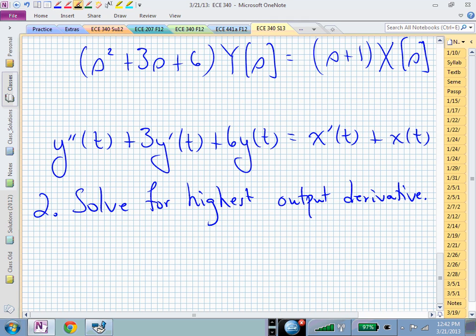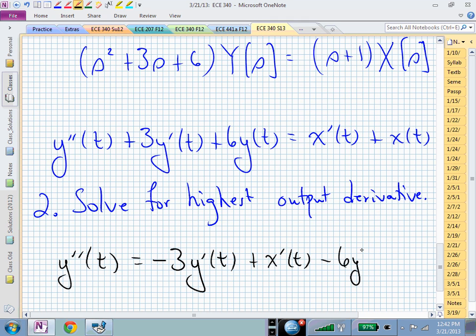Meaning, now we simply have y double prime of t is equal to minus 3y prime of t. And in anticipation of what I'm going to do next, let me keep the derivative orders close to each other. I had a first derivative of x. Let me put that next to the first derivative of y on the right-hand side. Then I have minus 6y of t plus x of t.